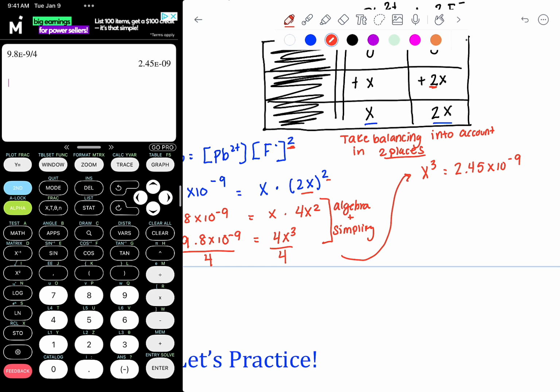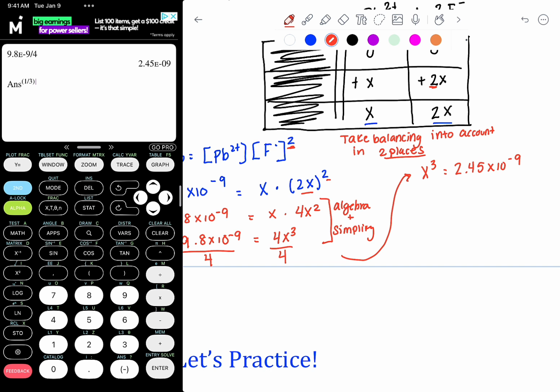Now, I know that some calculators don't have the cube root, so remember what you can do. Instead of doing a cube root, you can raise your answer to the 1/3. That's the way of doing cube roots with exponents, because a square root is just something raised to the 1/2. A cube root is something raised to the 1/3.